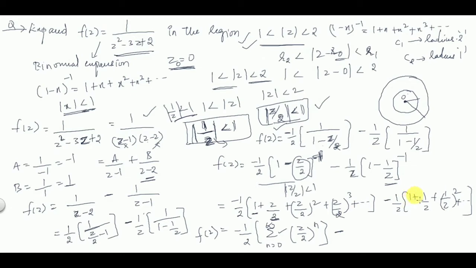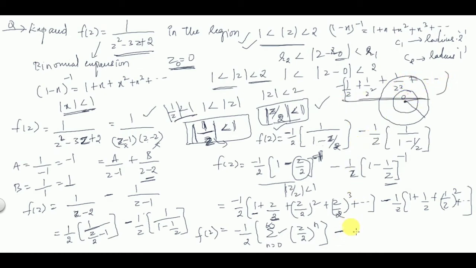If you multiply this, minus 1 by z, keeping the minus as it is, 1 by z into 1 is 1 by z, plus 1 by z into 1 by z is 1 by z square, plus 1 by z into 1 by z square is 1 by z cube, plus so on. So you get this term, 1 by z.